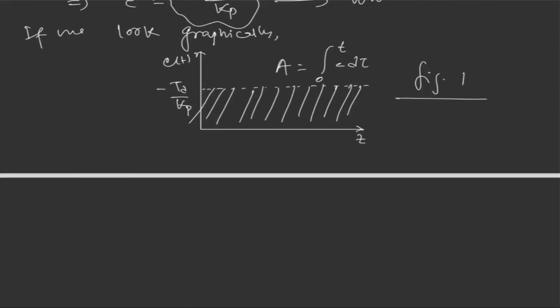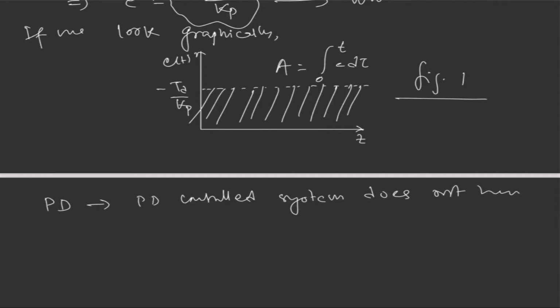I would like to explain why integral terms should come into the picture. The PD control, proportional derivative controlled system, does not have memory.